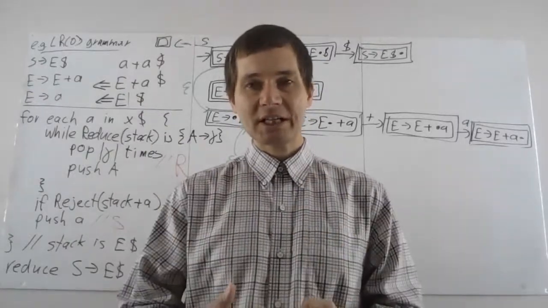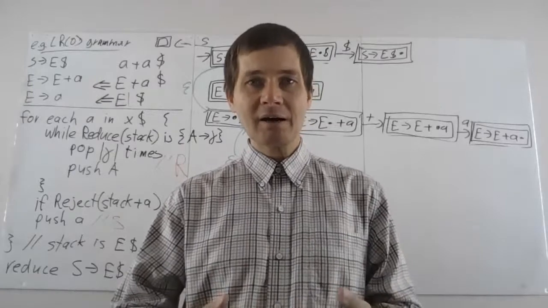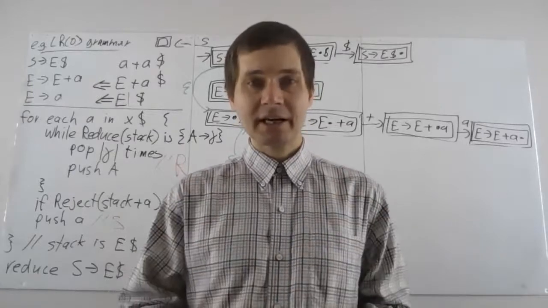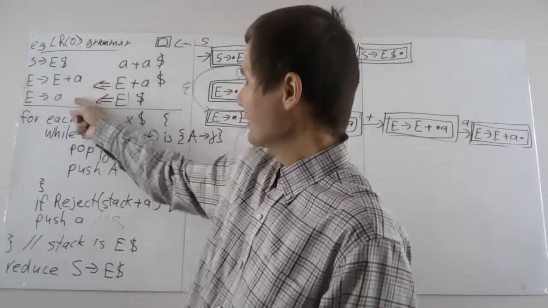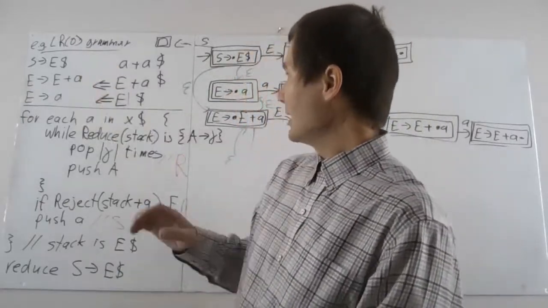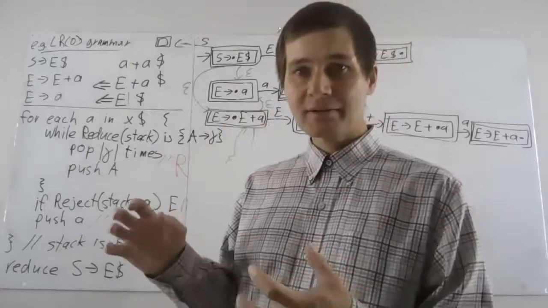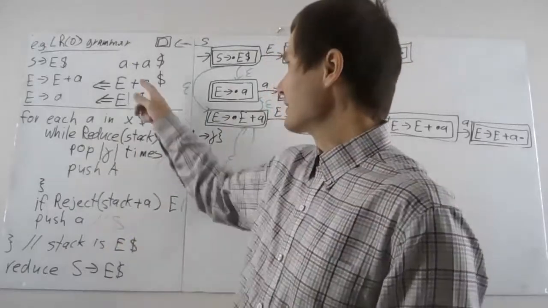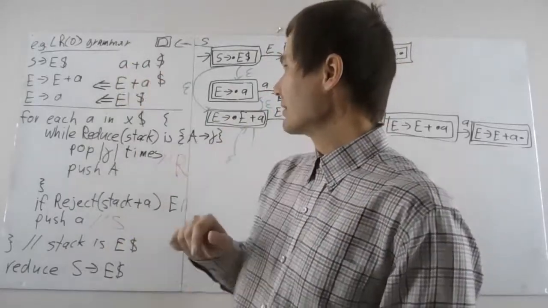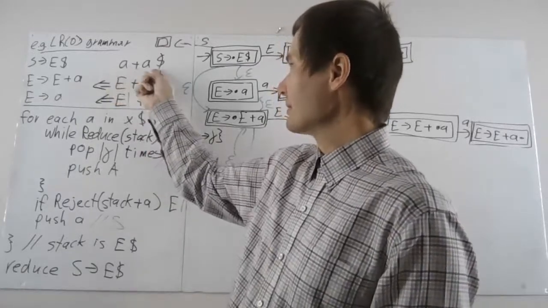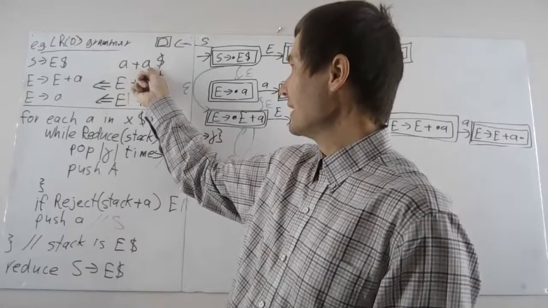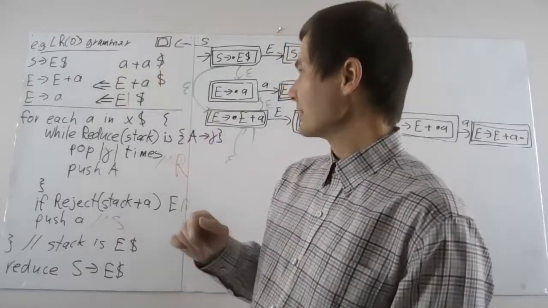So we looked at bottom-up parsing and specifically an LR0 parser. And so I had an example LR0 grammar here. And the idea of bottom-up parsing is that we're constructing the derivation in reverse. So we start with the input string, which in my example was a plus a, augmented with the $ sign.